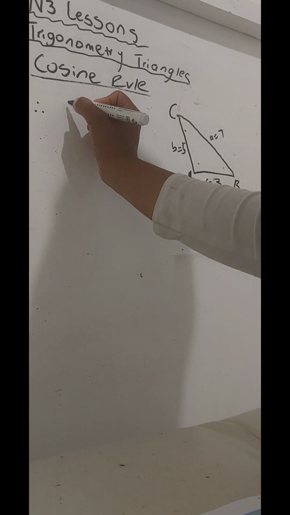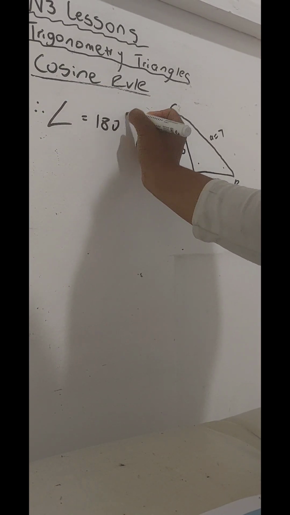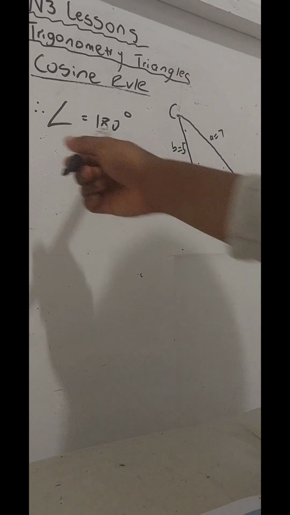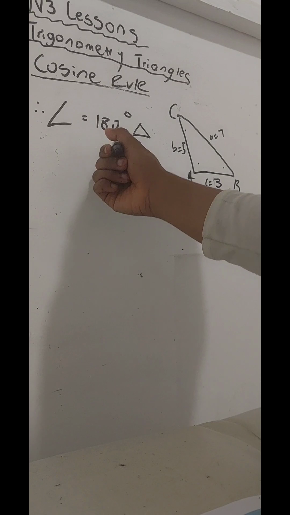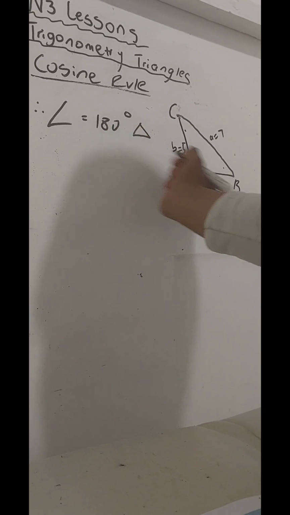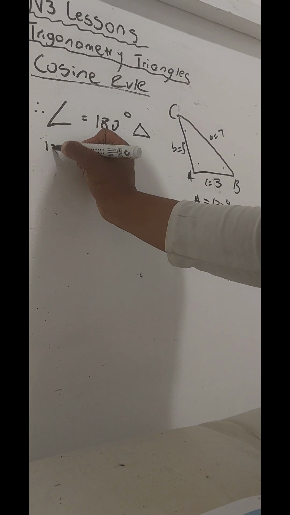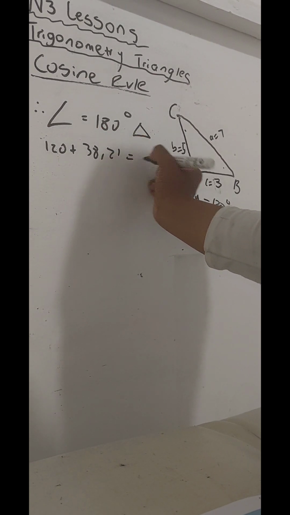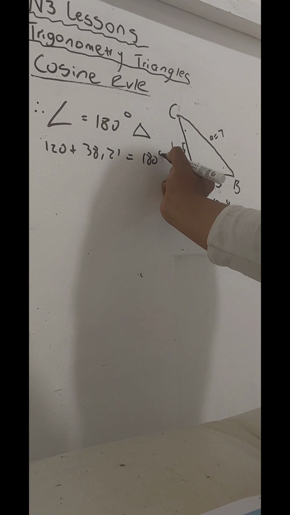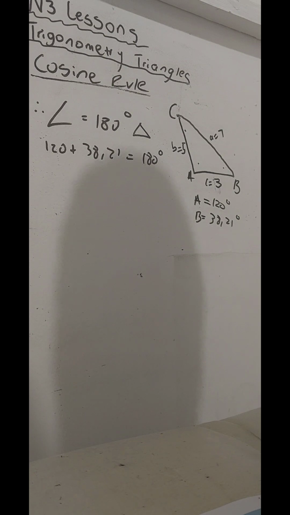Remember, guys, angles in a triangle, only if it's a triangle, add up to 180 degrees. Therefore, all the angles that we got are 120 plus 38.21, and the total must be 180 degrees.